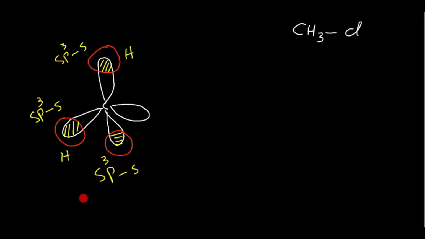Now let's see how the carbon-chlorine sigma bond is formed between carbon and chlorine. The sigma bond is formed by the overlap of the sp3 hybridized orbital of carbon with the 3pz orbital of chlorine. So we will make the 3pz orbital of chlorine here.